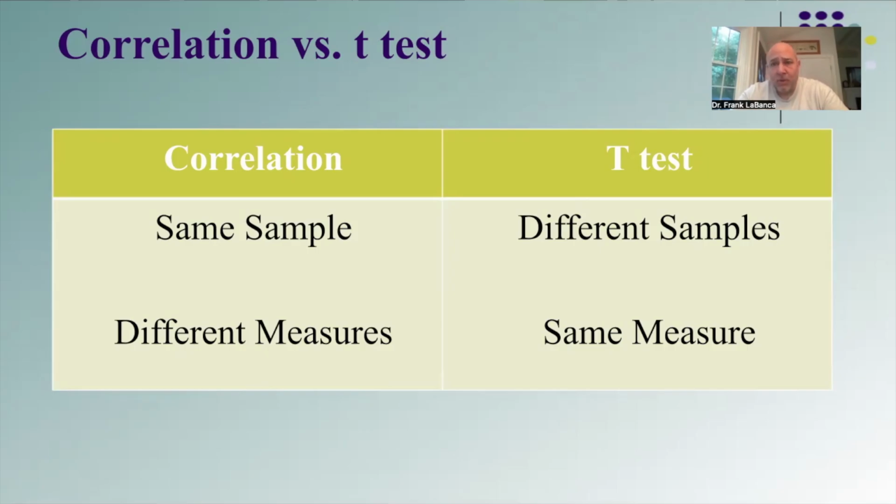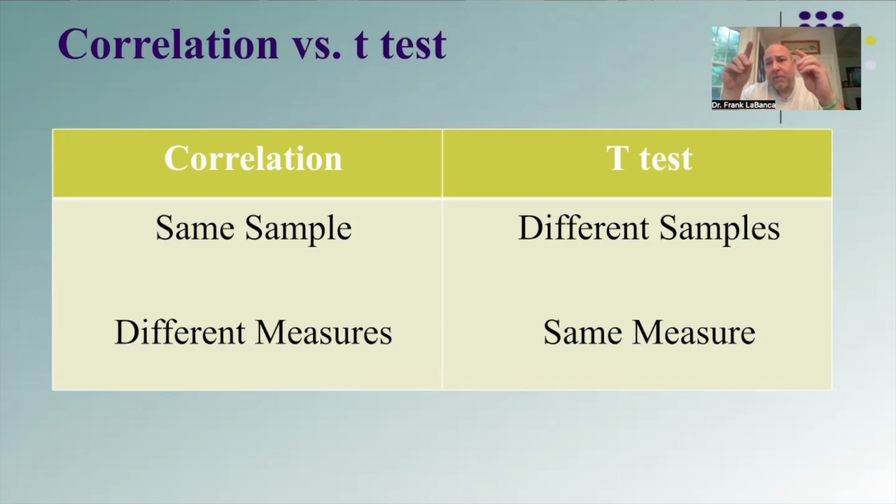So for example, you have students who receive a special math intervention. So you have a group of students who just get regular math instruction, and you have a group of students that get a specialized math instruction. Say, let's say it's illustrative math. And so we have different samples because they're different kids. These kids are getting one treatment, and these kids are getting a different treatment.